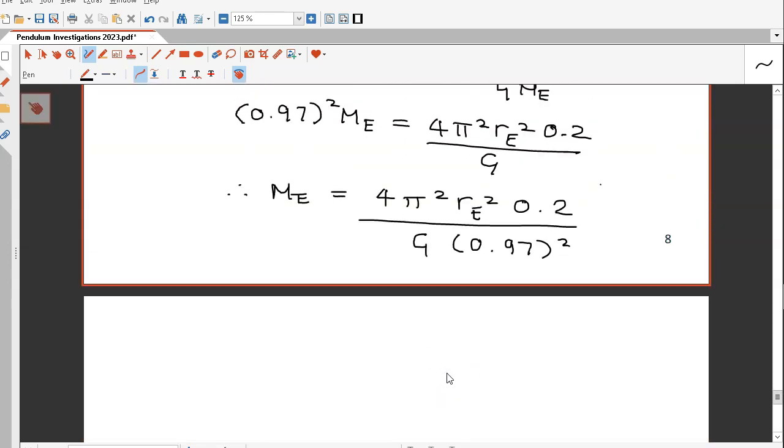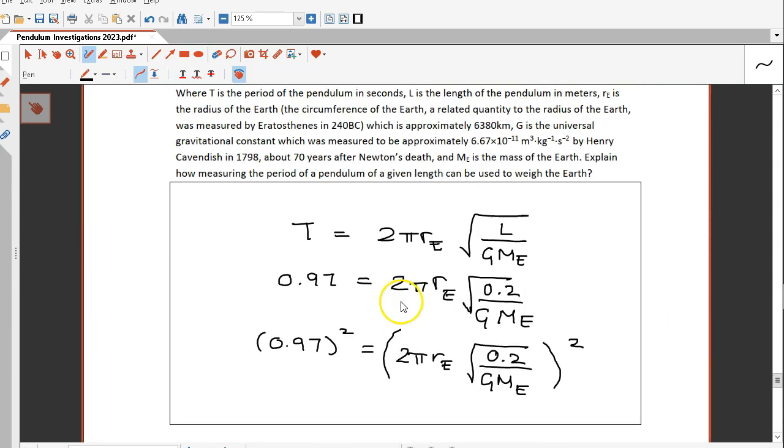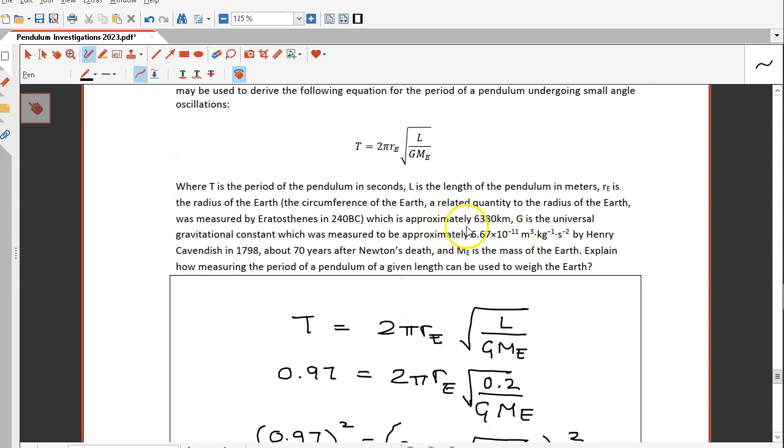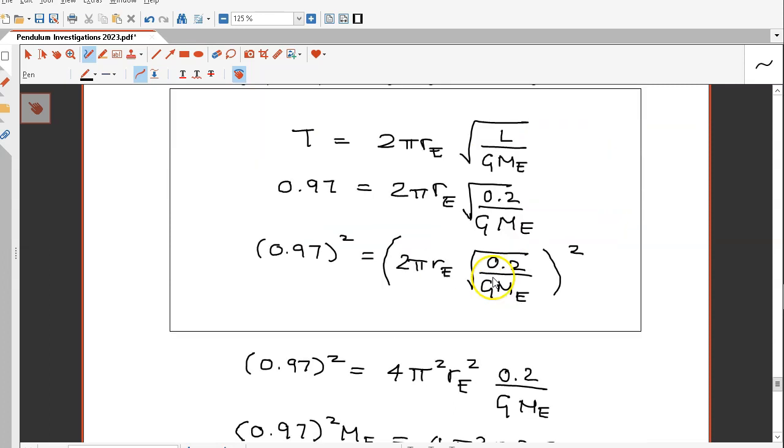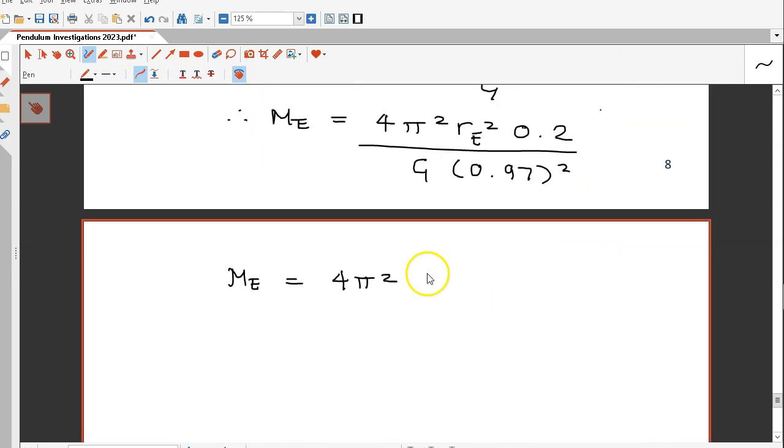Okay, let's substitute some numbers in. Okay, now I'm ready to put my number in for the radius of the Earth, which is, oh, right here, 6,380 kilometers.